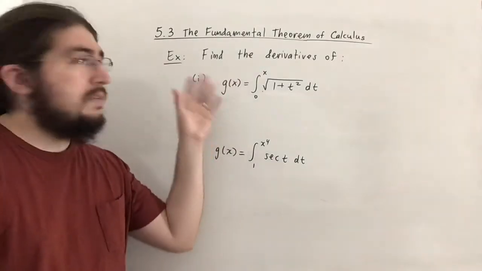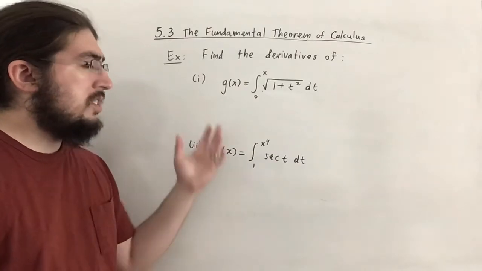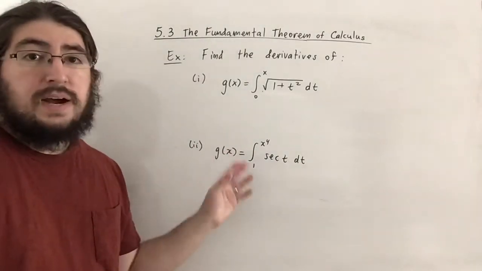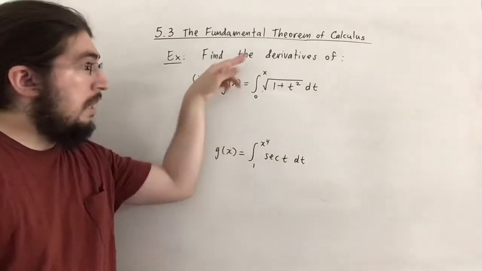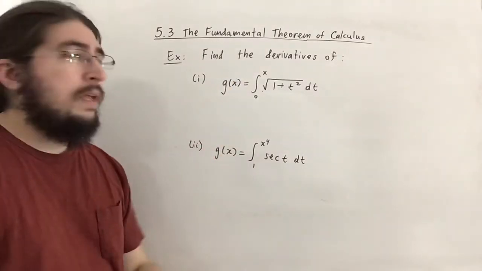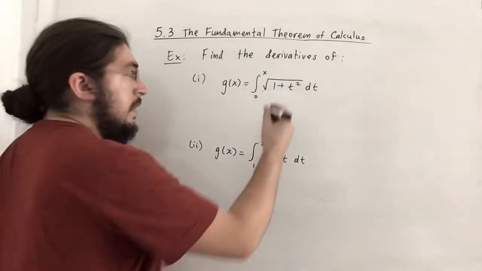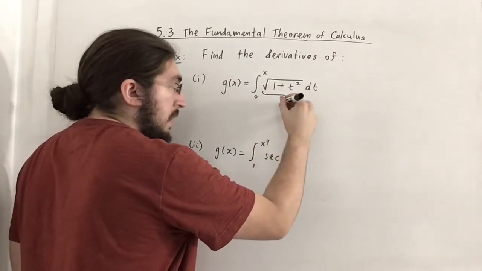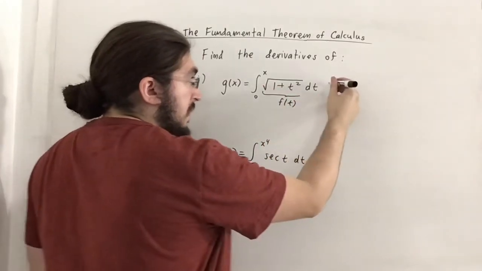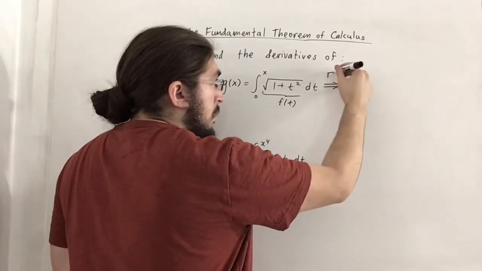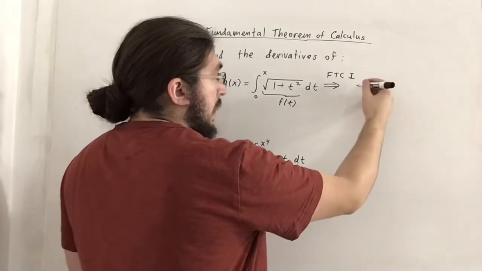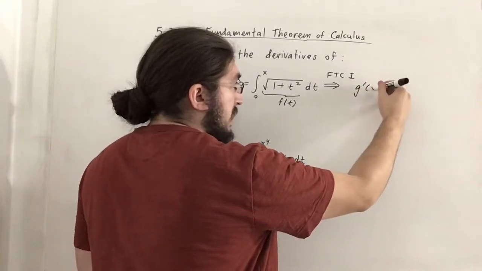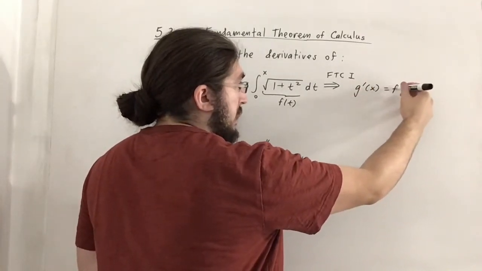Now here we're being asked to find the derivatives of these functions g of x. They're defined as integrals where our lower limit is a constant and the upper limit is something in terms of x. So let's see if we can proceed. Notice here, this is our f of t. So by the fundamental theorem, by FTC part 1, let's call this FTC 1, we get that g prime of x is equal to f of x.